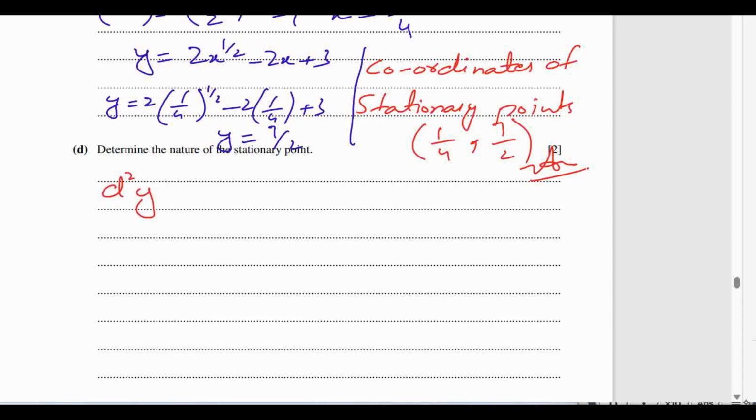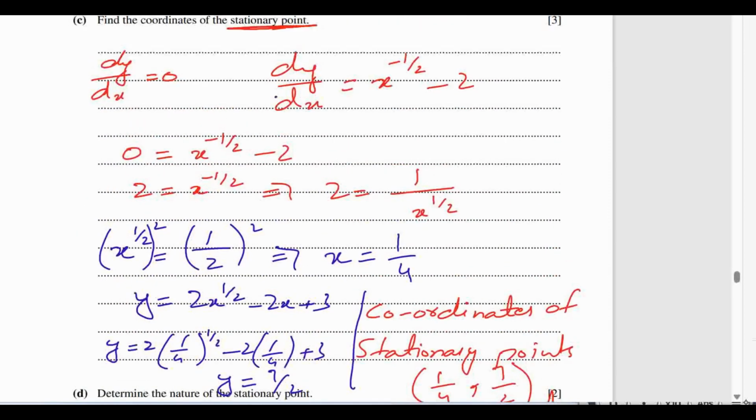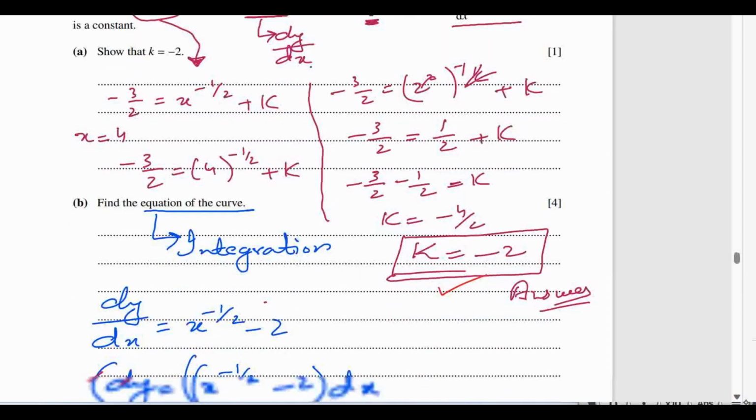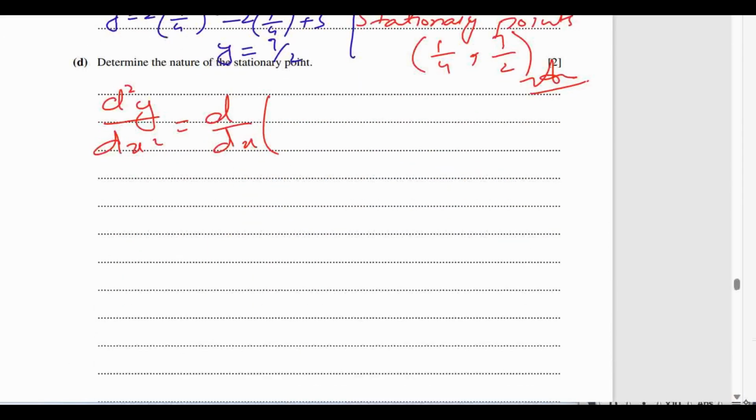So the second derivative is equals to d by dx of the first derivative. The first derivative was x power minus 1 by 2 minus 2. So we will find its derivative. The power comes down, and x power minus 1 becomes minus 3 by 2, and the derivative of the constant is 0. Now we have to find the answer of the second derivative.